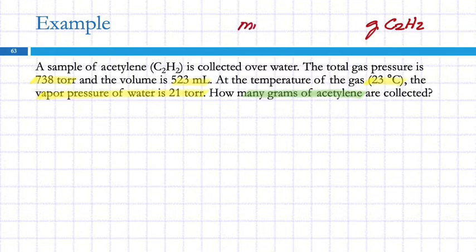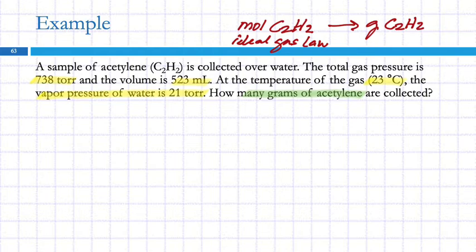So we can calculate moles of C2H2. That's from the ideal gas law. Can we convert that to grams? Grams to moles? Molar mass, right? So we're going to use the ideal gas law to calculate the moles of acetylene.